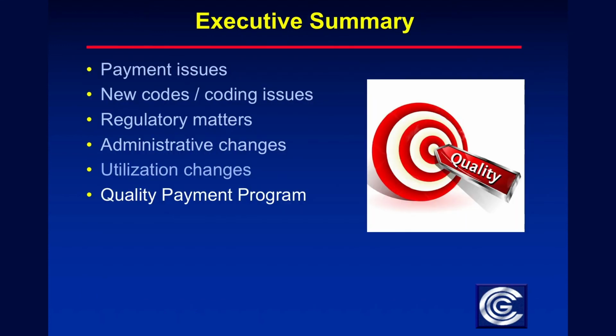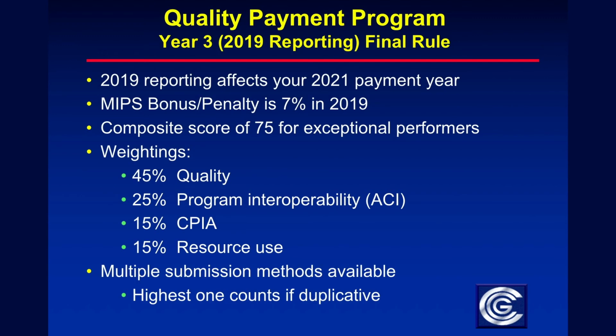In the next section of this program, I'll describe the changes to the Quality Payment Program for 2019. There is new weighting for the elements of the Quality Payment Program in 2019, which affects providers in 2021. Bonuses and penalties rise to 7% from 5%. A composite score of 75 points is required for exceptional performers for year 3.